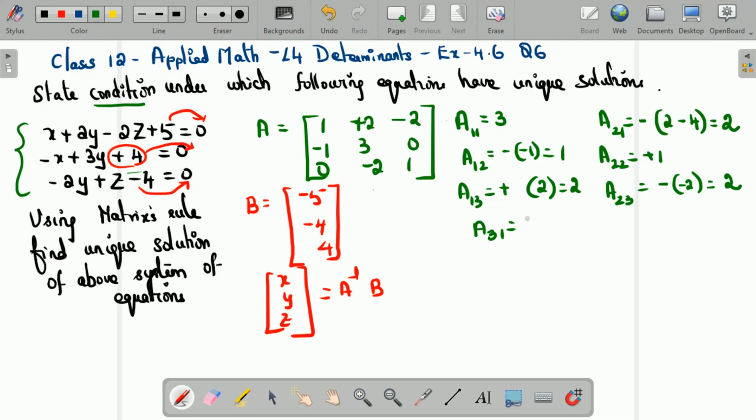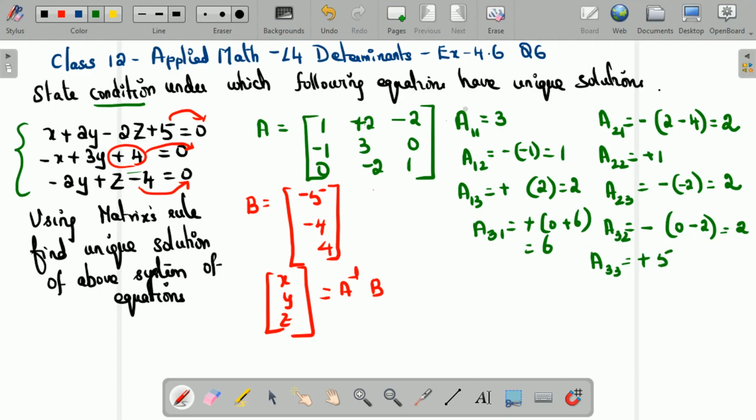Discard this row and this column, it's already a plus, so this is going to be 0 minus, this is going to be -6, so minus of -6 is plus 6. So A31 is plus 6. Now let's write out A32. We are going to put a negative sign, discard this row and column. So this is 0, and then there is a minus of 2, so this is -2, effectively making the answer plus 2. Now A33 is plus, discard this row and this column, so it is 3, minus of -2 is plus 2, so it is 5.